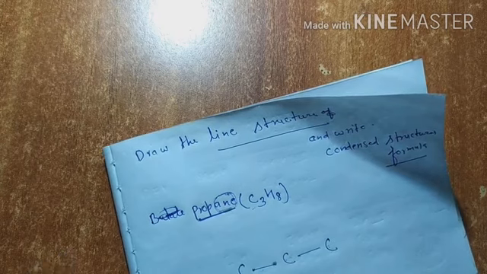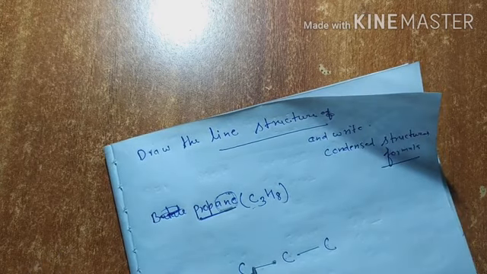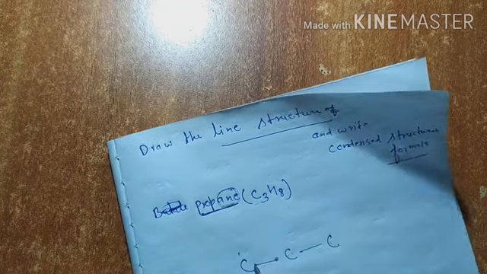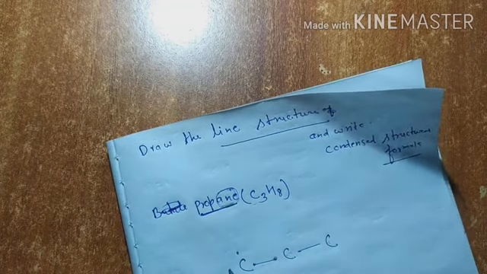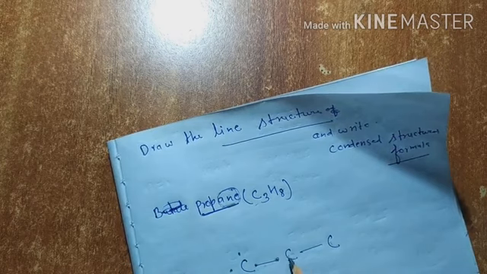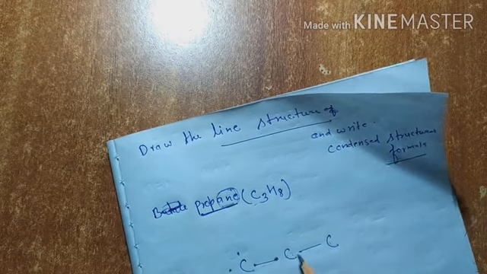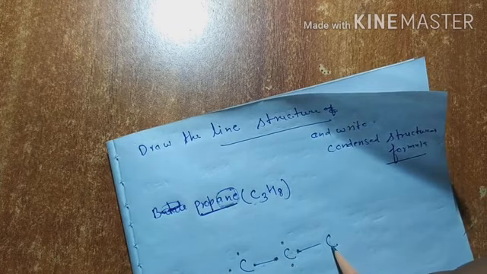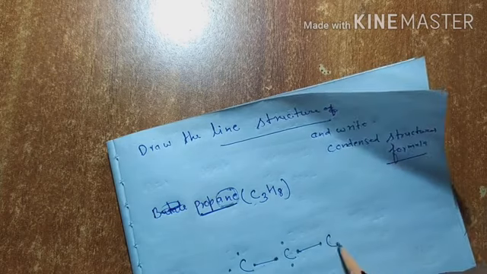In case of carbon atom, there are 4 valence electrons, so this one, 1 2 3 4. Similarly, here 1 2 3 4, and for this carbon atom also 4 valence electrons, 1 2 3 and 4.